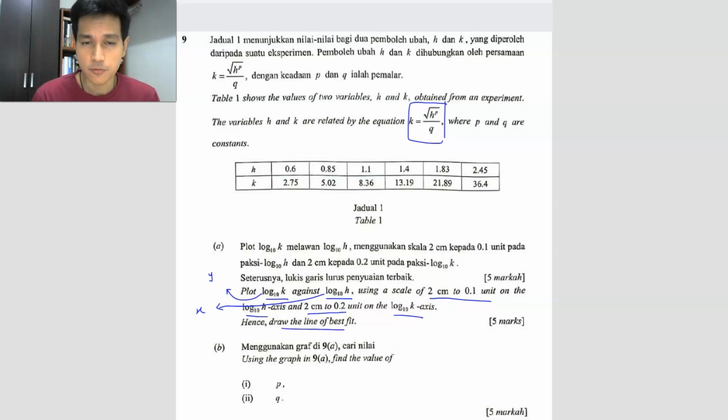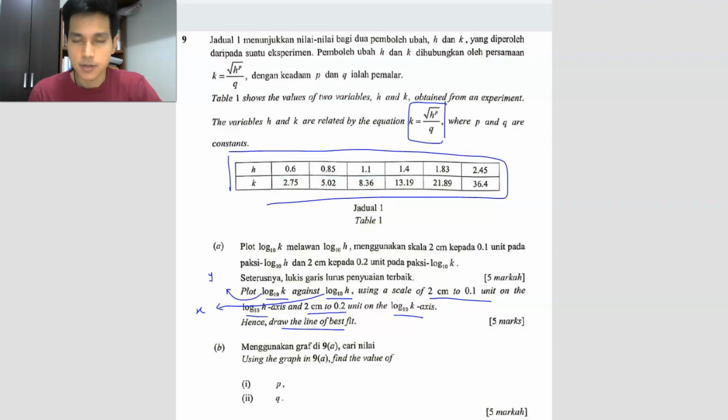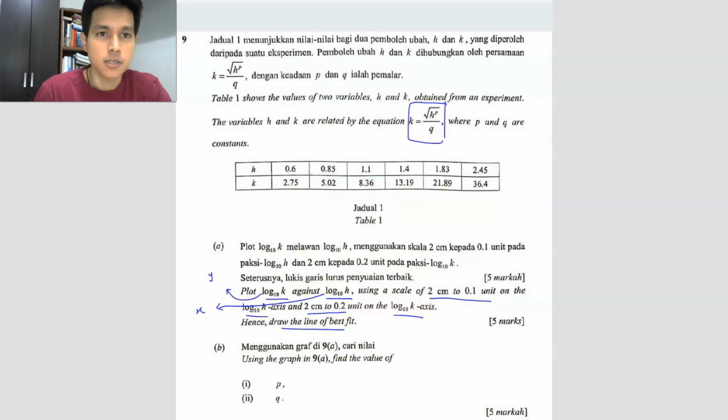The first step you have to do before you even start drawing is to make sure you have the points prepared, because you see this table here is h and k. They gave you h and k, but you're not plotting h and k. You are plotting what? Log 10 of k and log 10 of h. So you have to draw your table using that. So h here becomes log h, and k becomes log k.